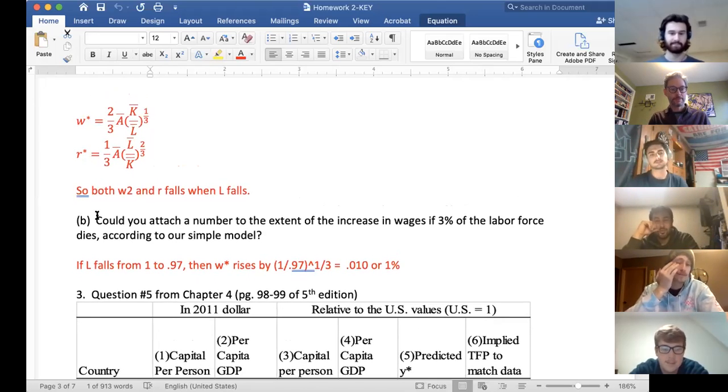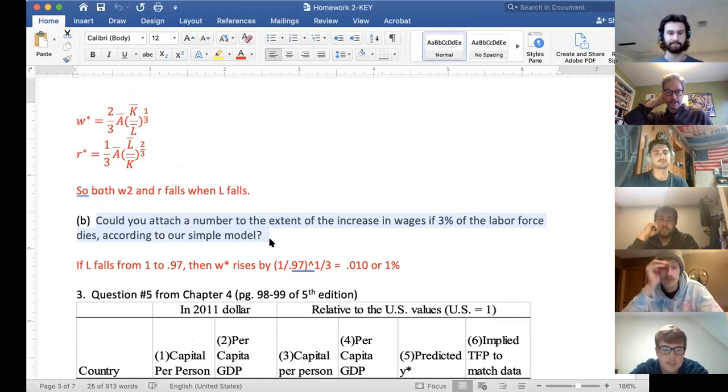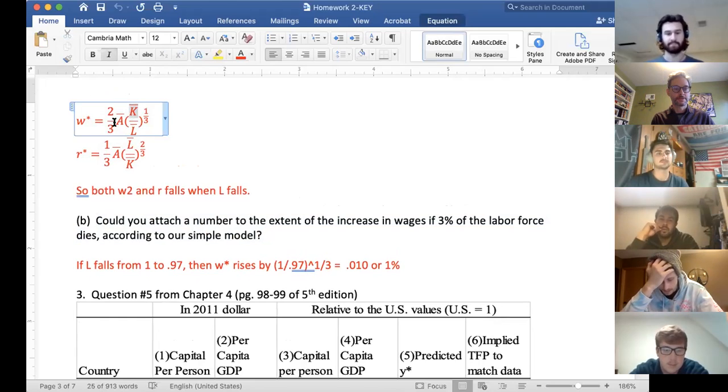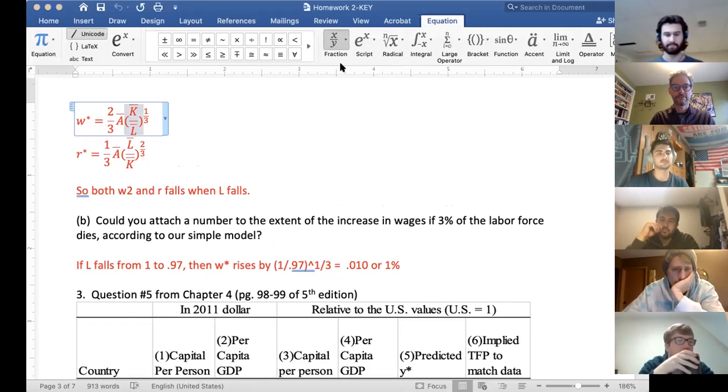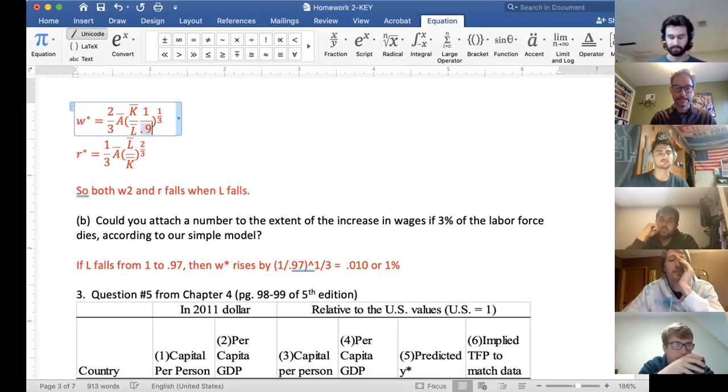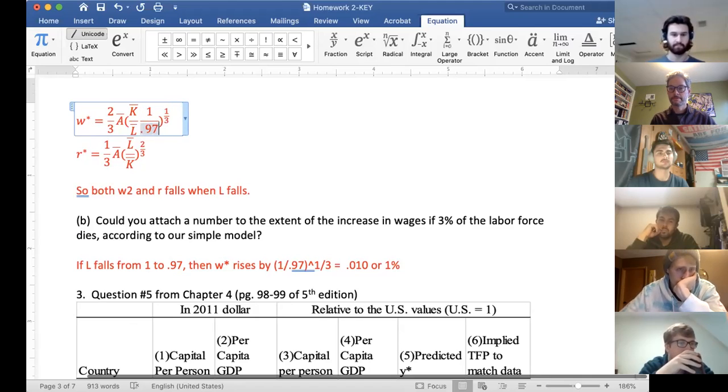So anyway, part B, could you attach a number to the extent of the increase in the wage? Yes. Think about this, right? Our marginal product here. If L goes down by 3%, it's the same as adding 1 divided by 0.97, right?